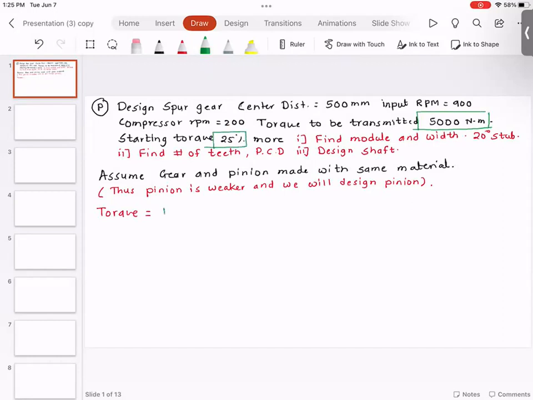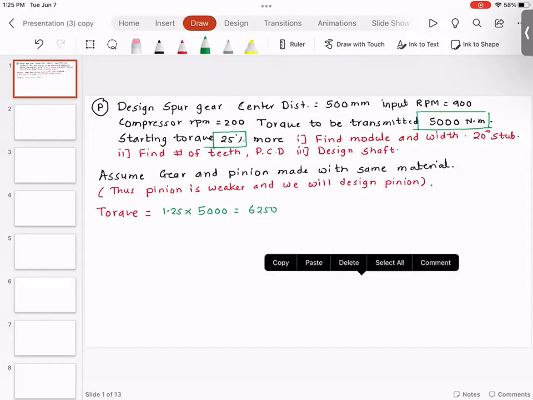So the actual torque that we are going to design the gear for is 1.25 times 5,000, which is 6250 Newton meter.